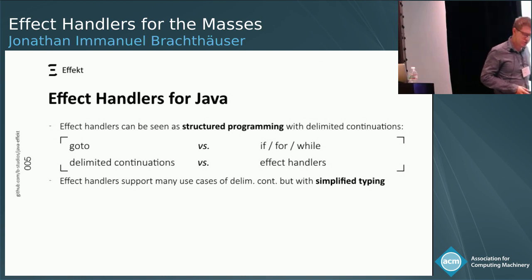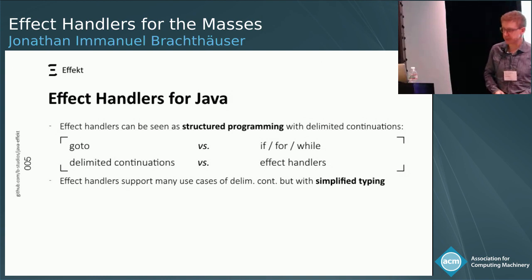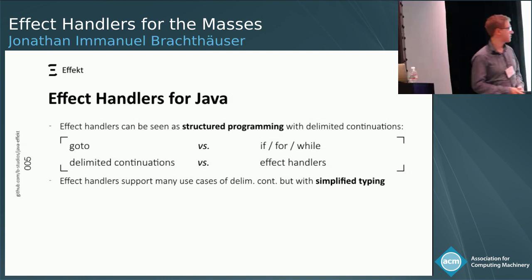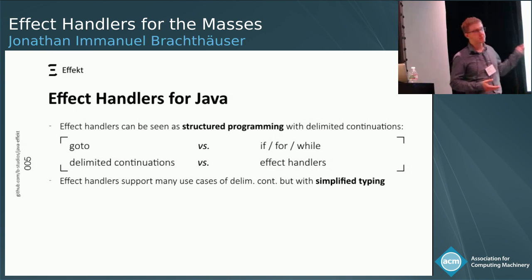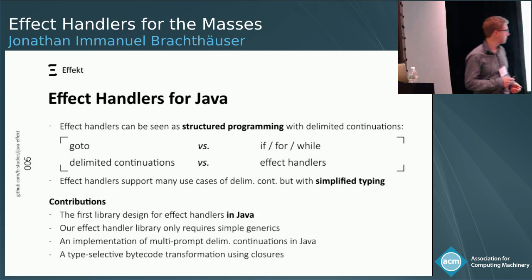While being more structured, they're still very expressive. For instance, they can express many control flow paradigms like async await, fibers, cooperative multitasking, but all of that as a library instead of building these features into your language. At the same time, they simplify typing compared to typing of general delimited continuations.